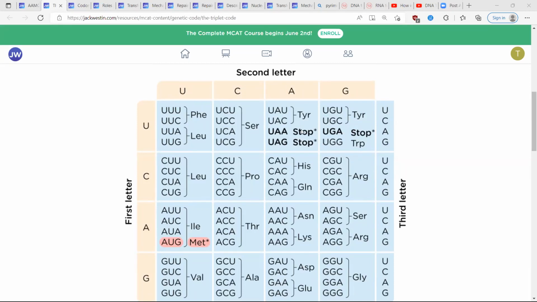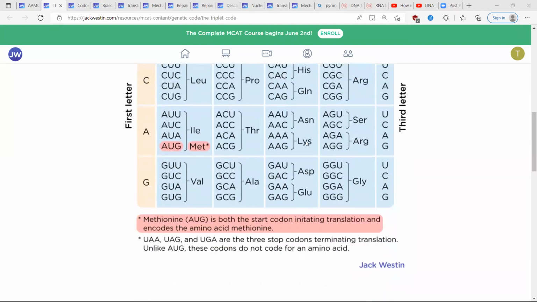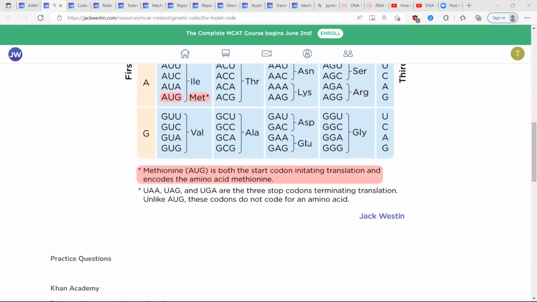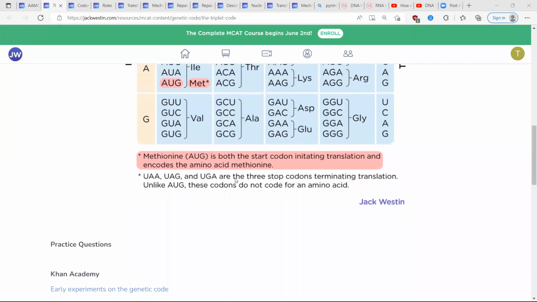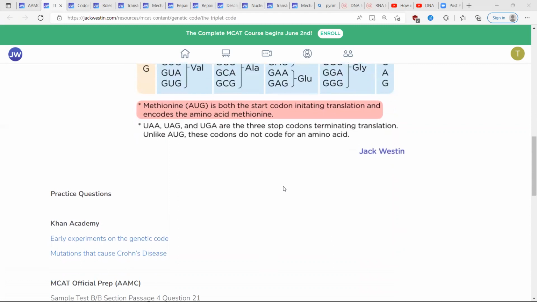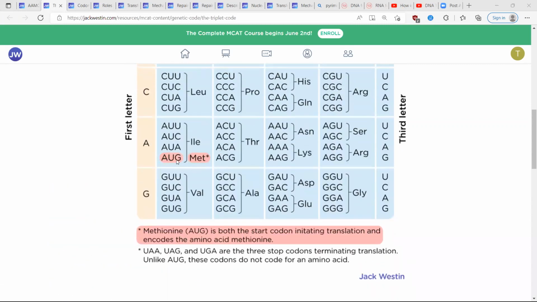Once the ribosome reads these, it will stop the protein production, and that's it. It's over. They don't code for an amino acid. It's very important to know that the first amino acid is always going to be a methionine.